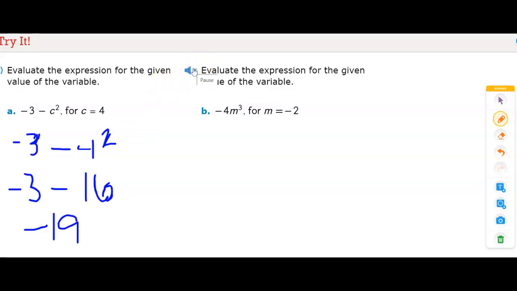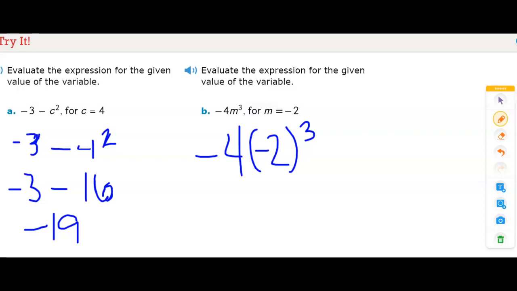Evaluate the expression for the given value of the variable. Part B. Negative 4 times m cubed, for m equals negative 2. Negative 4m cubed, so we have negative 4 times negative 2 to the power of 3.